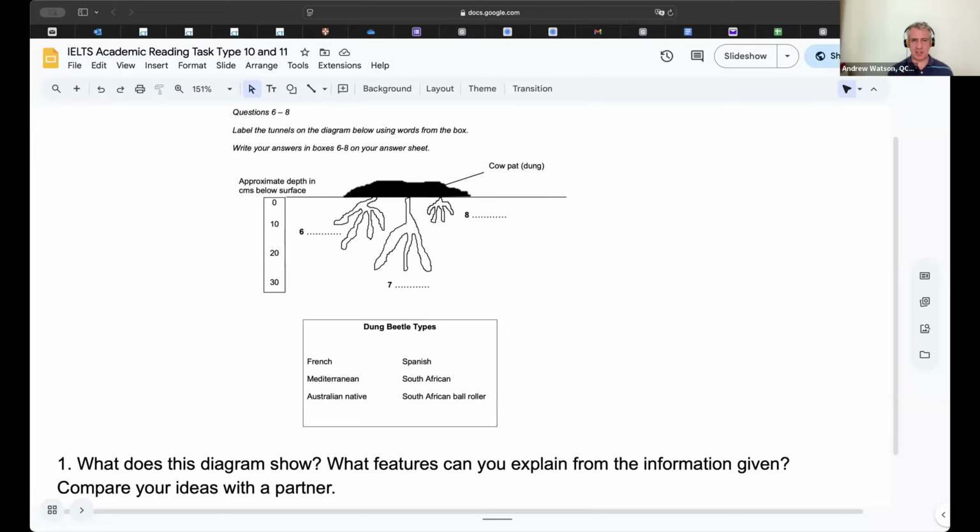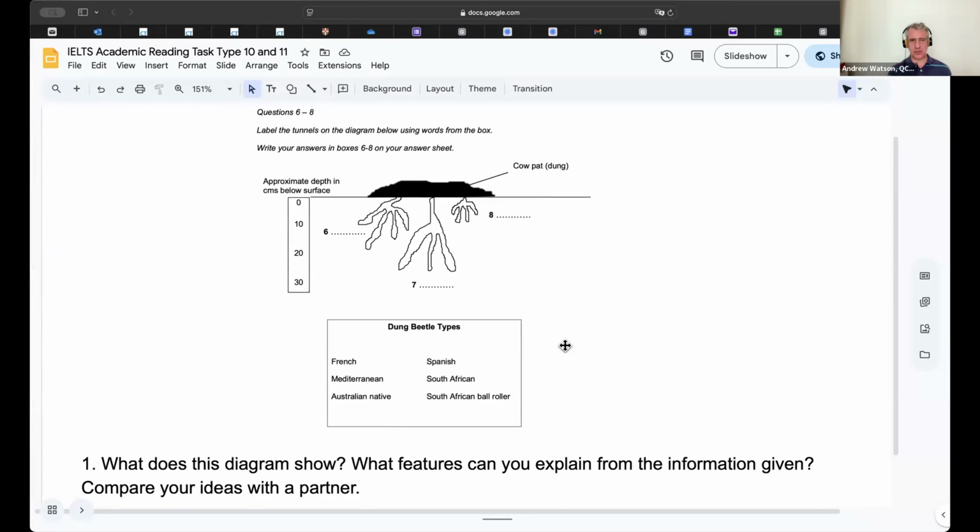But what can you see? You can see the cow pat on the top, right? What's below it? What are those fingers below the cow pat? Roots? Do you think they're roots? You're not far off.